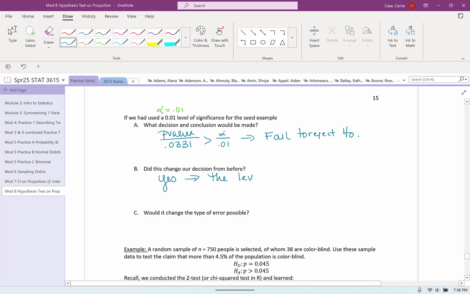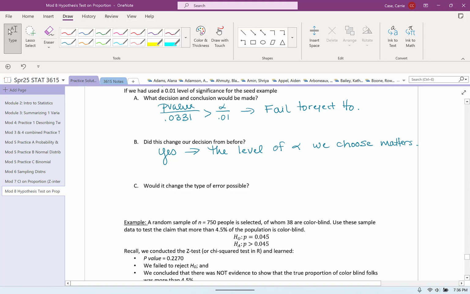The level of alpha we chose matters when that p-value is in that range. And so what happens is it changes our decision, it changes our conclusion, and it would change the type of error possible also. The type of error is now type 2 would be possible here.